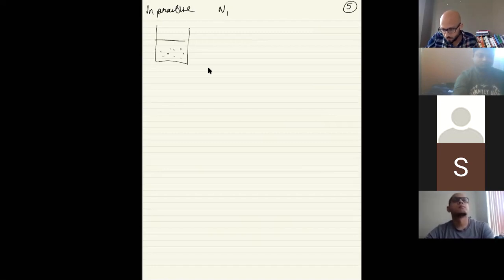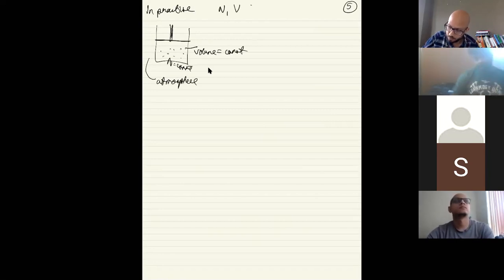You put a piston over here and you clamp it down and you force it so it doesn't move. So the number is constant. The volume is now constant. And you put it in contact with the atmosphere. If you do that, it is a constant number, volume, temperature system, right?